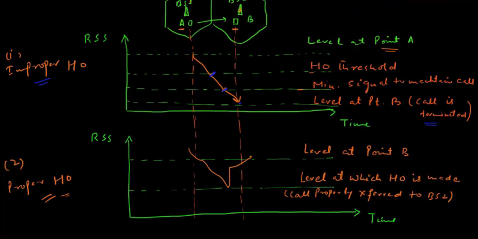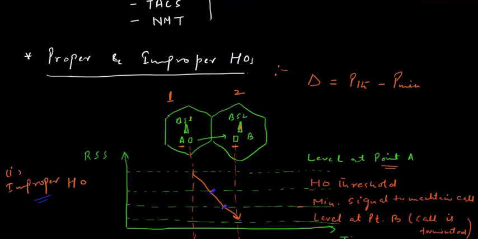Fine. And this threshold value should be chosen in such a way that it should not be too large or too small. The difference between this threshold value and this minimum signal strength should not be too large, and should not be too small.